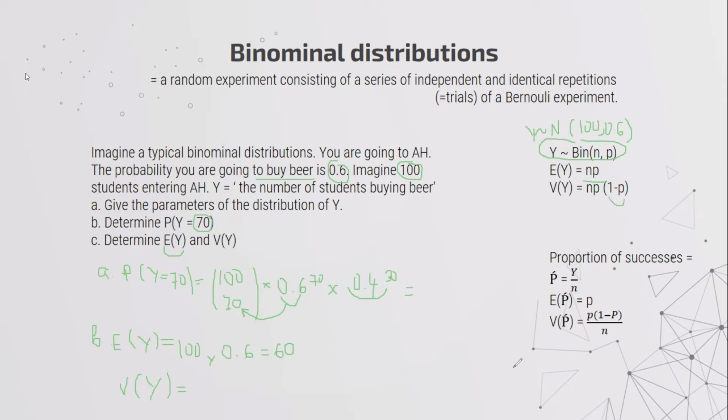We have n, which is 100, times the probability of having a success, which is 0.6, times the probability of having a failure, not buying a beer, which is 0.4. And in that case, if I'm not wrong, that should be equal to 24.